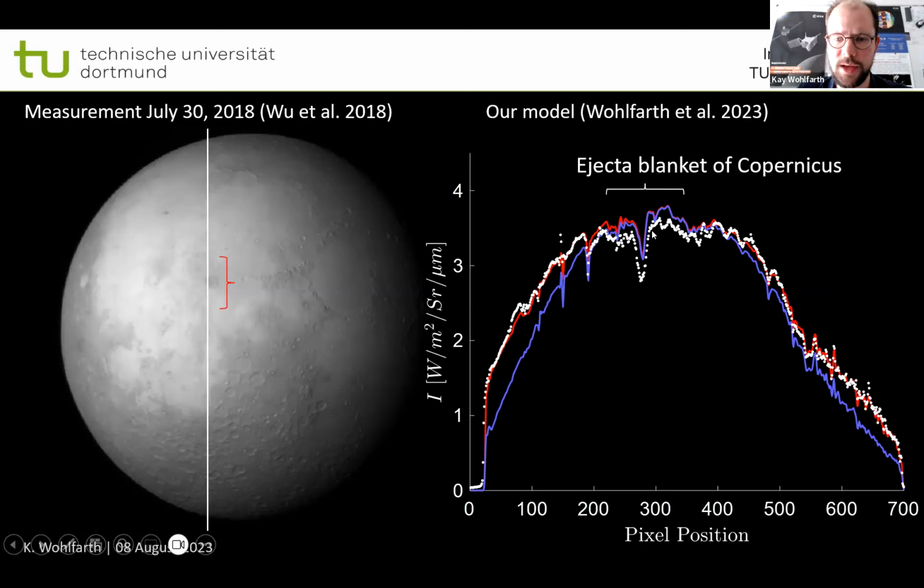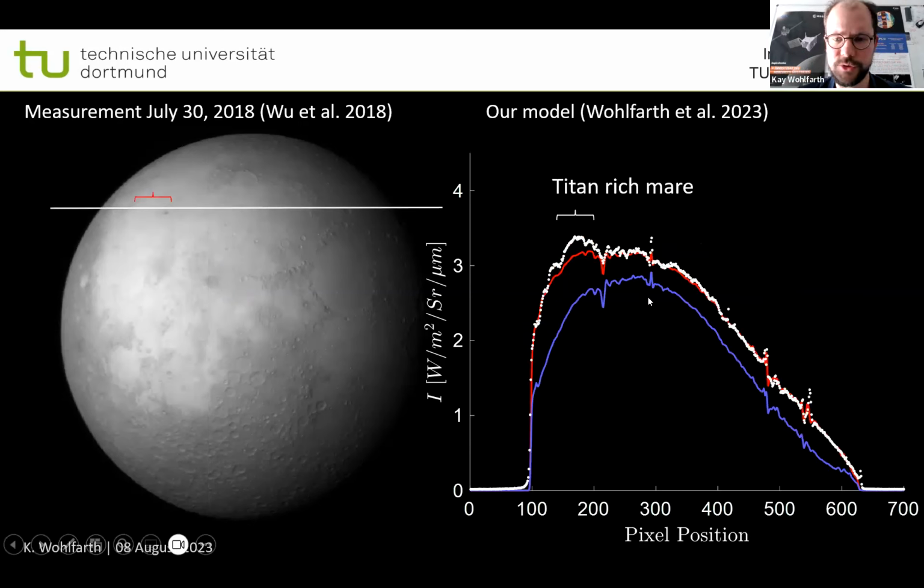In this case, the model overestimates the thermal emission. Probably this is because the ejecta blanket is not correctly captured in the albedo data. This would explain why the entire curve, also the smooth curve, is shifted with respect to the data.